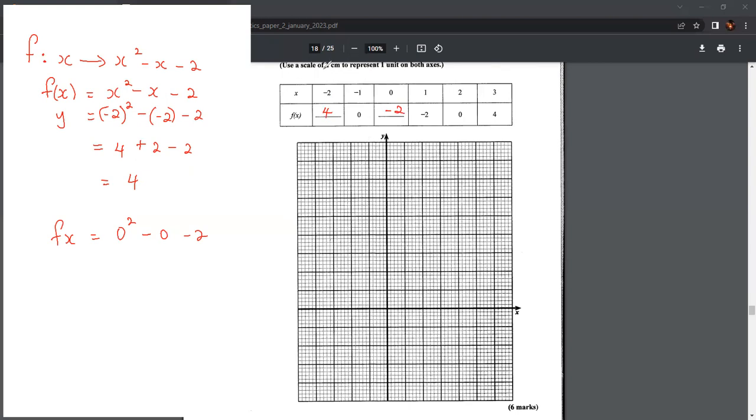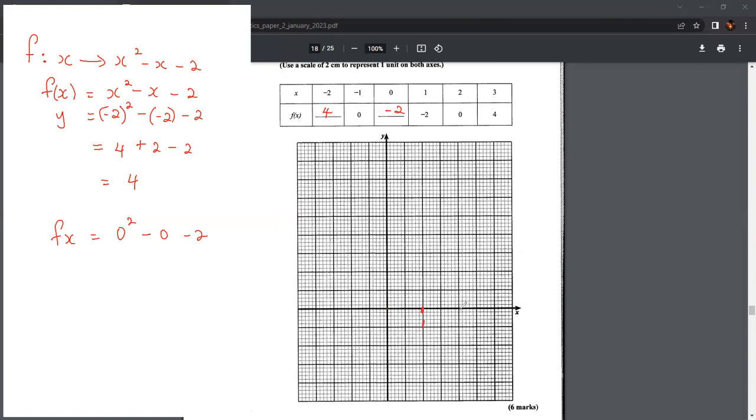They said use a scale of 2 centimeters to represent 1 unit on both axes. So you measure your 2 centimeters. You could use your ruler if you want. Depending on the graph, after a while you'll know, okay, this is 2 centimeters. However, let's say your particular graph book, you know that every 2 blocks is 2 centimeters.